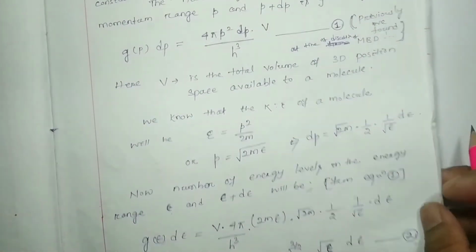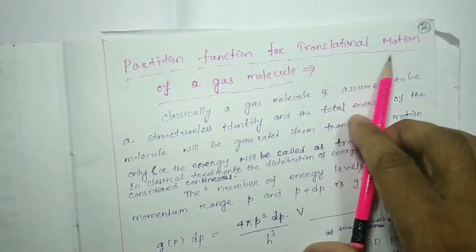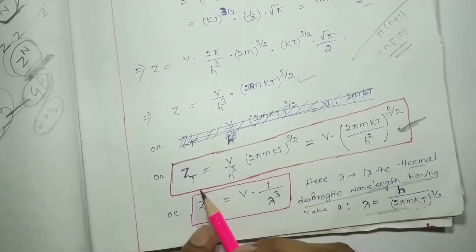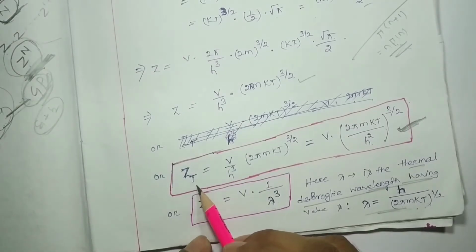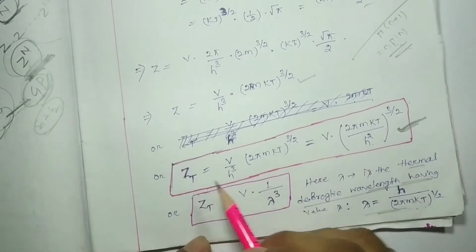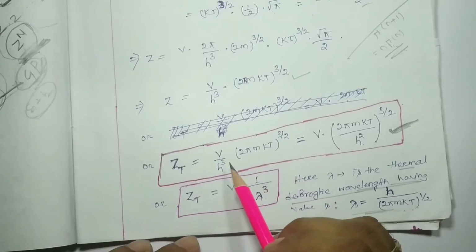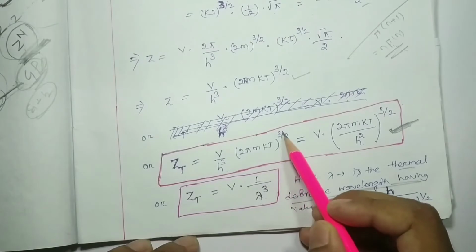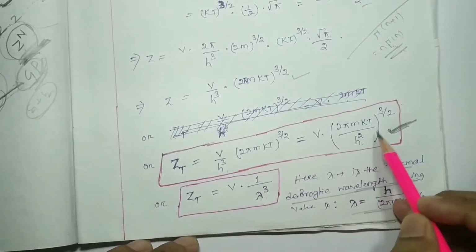Then we discussed the value of the partition function for translational motion of a gas molecule, and we found that zt, the partition function due to translational motion only, will be V by h cube into (2 pi m kT) to the power 3 by 2, or it can be written as V (2 pi m kT by h square) to the power 3 by 2.